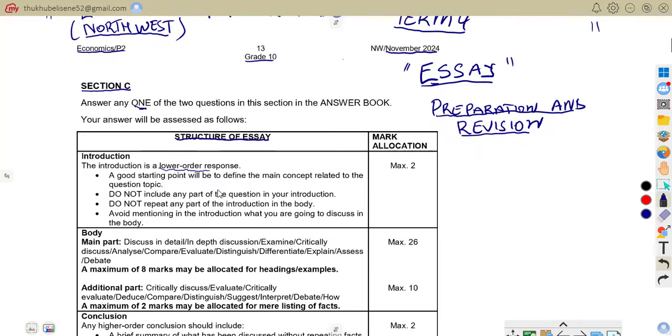A good starting point will be to define the main concept related to the question topic. Do not include any part of the question in your introduction. Do not repeat any part of the introduction in the body. Avoid mentioning in the introduction what you're going to discuss in the body. So that is that. Now coming to the body.